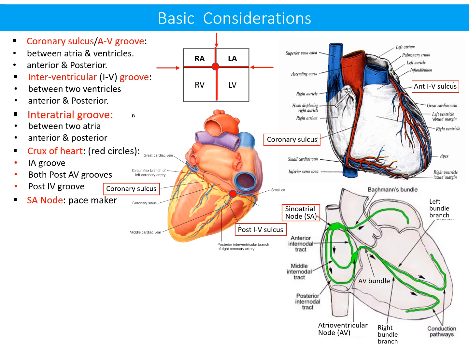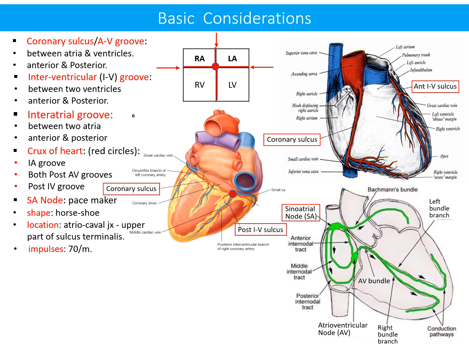Now, the conducting system of the heart, which consists of, number one, the sinoatrial node, which is the pacemaker of the heart. It is a horseshoe-shaped structure located in the atriocaval junction in the upper part of the sulcus terminalis.